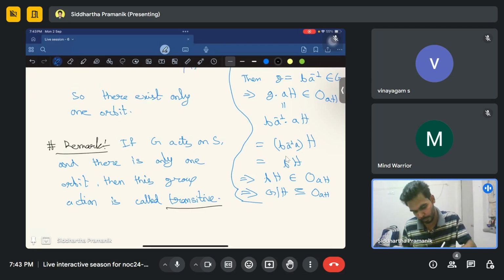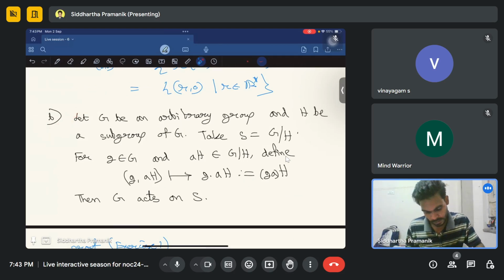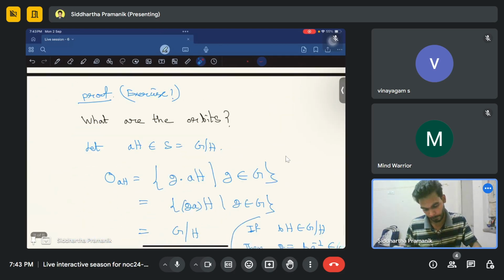So this group action is a transitive group action. This is the second case. Is it okay?